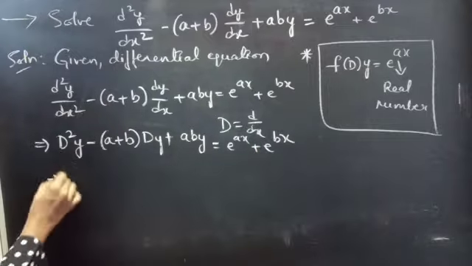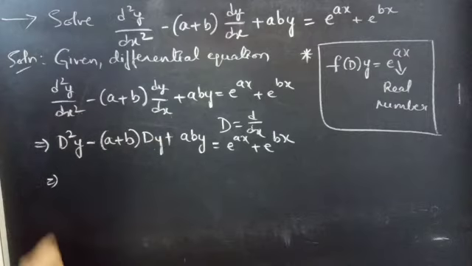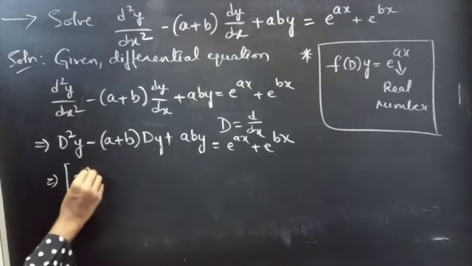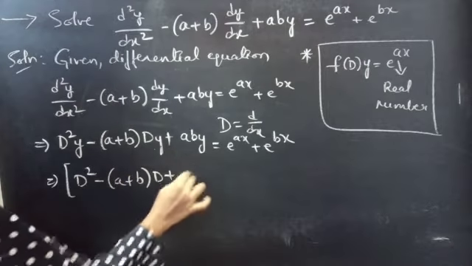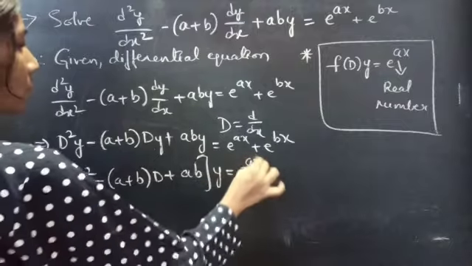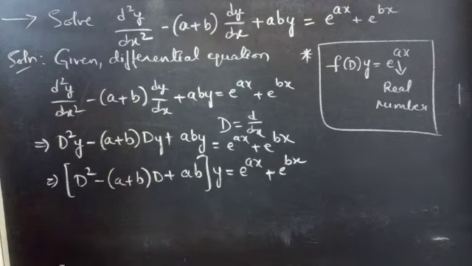If you notice, you have y in all these three terms of the LHS. So let's take y common from all these three terms. You'll get (D square minus (a plus b) into D plus ab) into y equals the RHS part, e power ax plus e power bx.